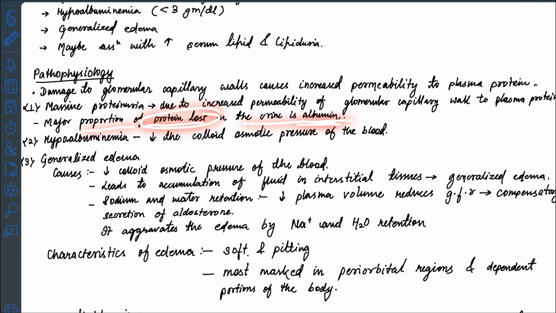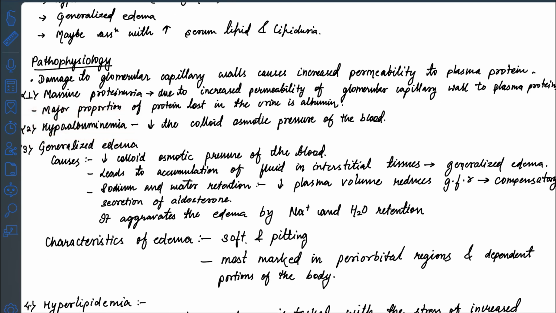Major portion of the protein lost in the urine is albumin, will decrease leading to hypoalbuminemia, and hypoalbuminemia can lead to decrease in colloidal osmotic pressure of the blood. Albumin is one of the major factor for maintaining the colloidal osmotic pressure of blood. अगर albumin कम हो रहा है तो obviously there will be decrease in colloidal osmotic pressure of blood.